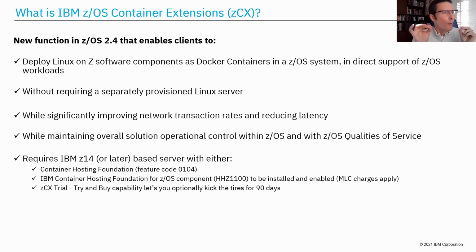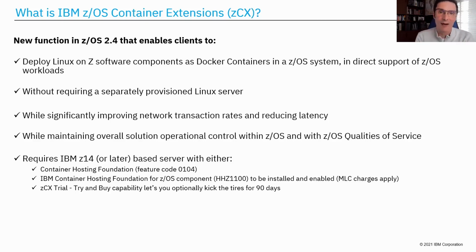Probably the most significant benefit of running this, again, with that co-location, is to significantly improve network transaction rates and reduce latency. By co-locating your Linux application and your zOS application on the same server, I'm able to use some pretty amazing technology. We're going to see in a couple of slides, when we talk about ZCX network integration with zOS, the specifics of that technology.